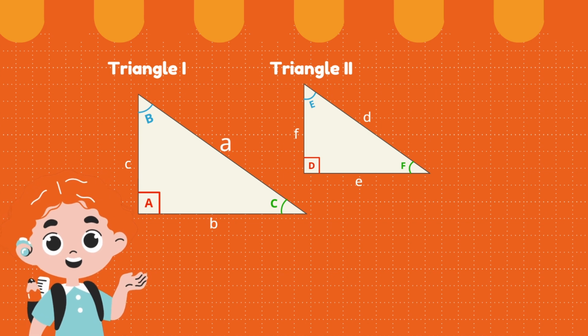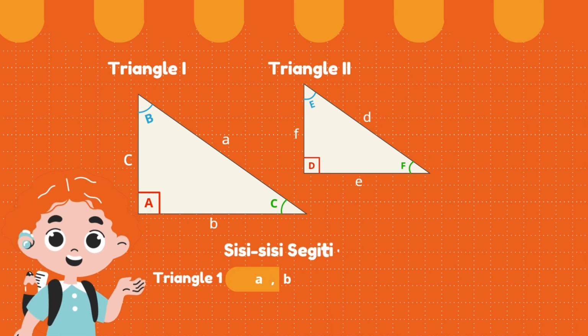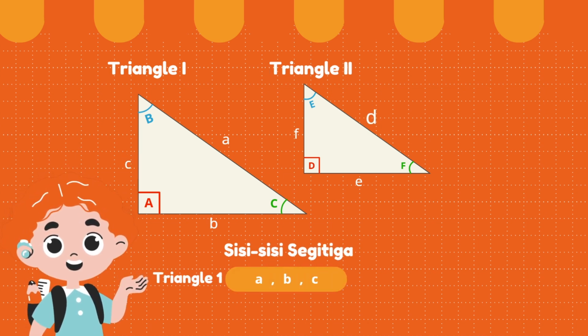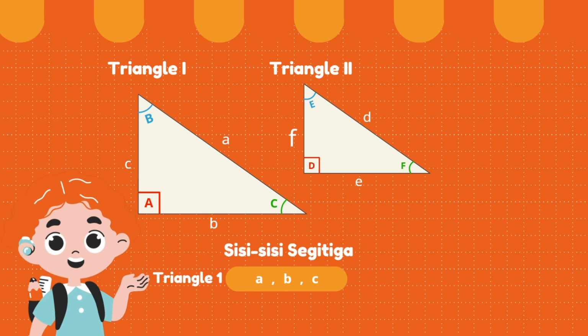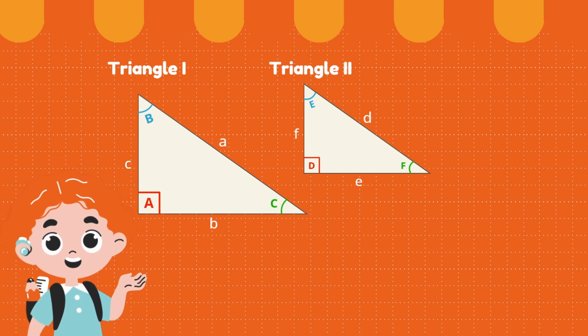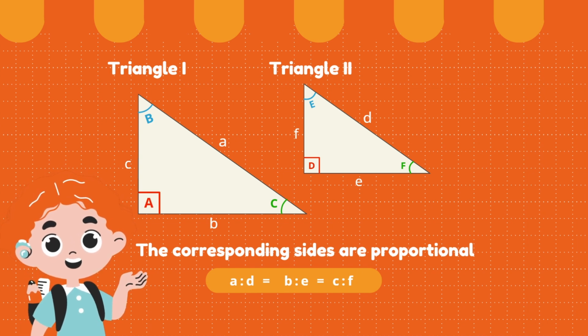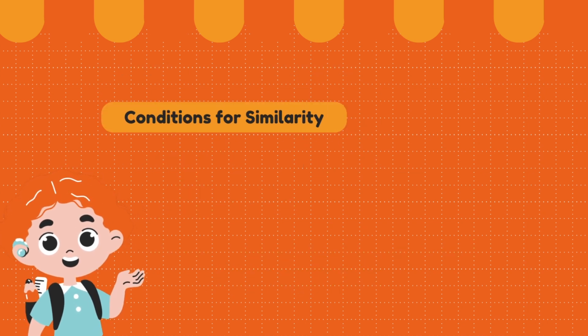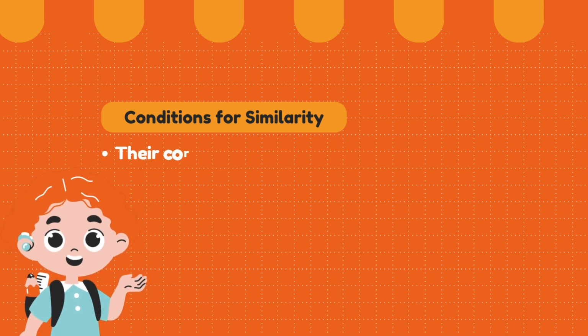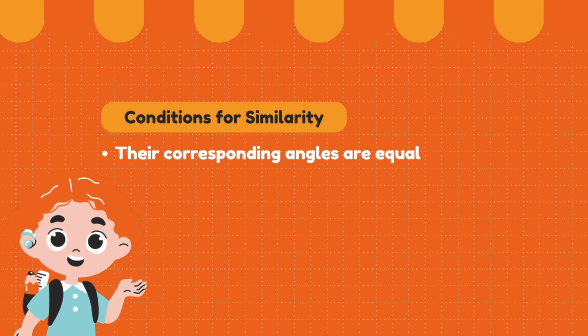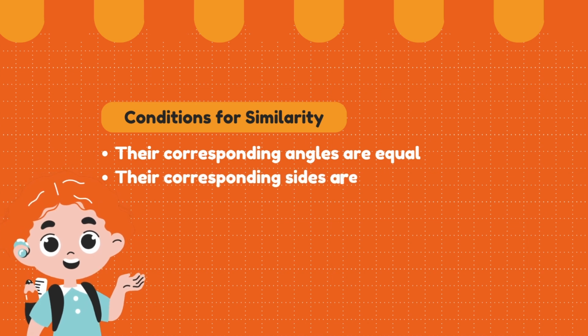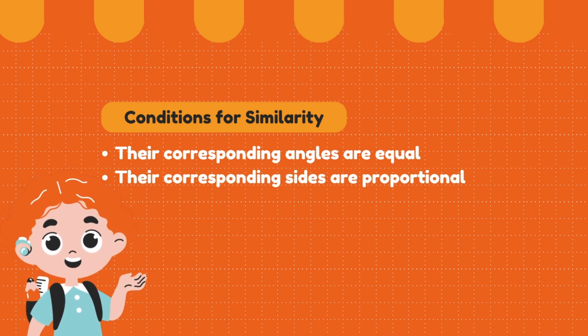Suppose the first triangle has sides A, B, and C, while the second triangle has sides D, E, and F. The ratio of A to D must be equal to the ratio of B to E and also equal to the ratio of C to F. And therefore, two figures are similar if they satisfy these two conditions. First, their corresponding angles are equal, and second, their corresponding sides are proportional.